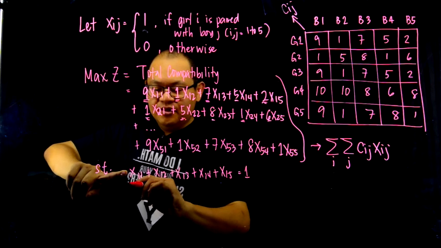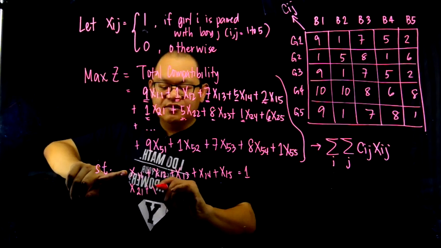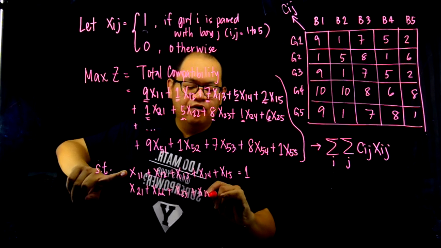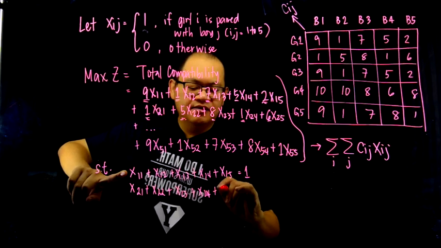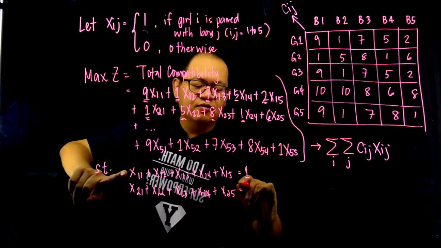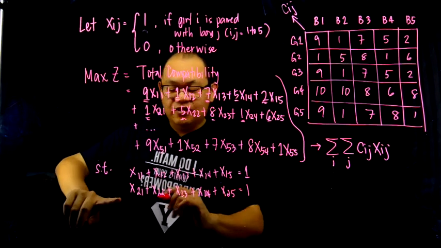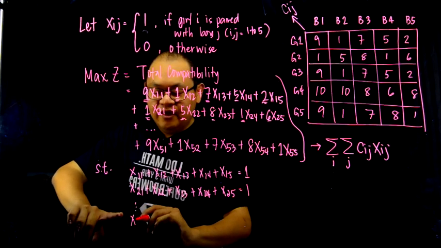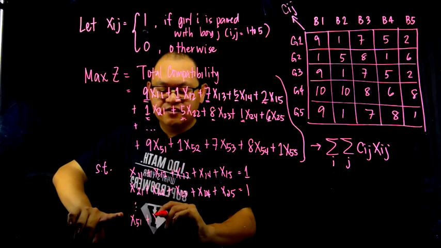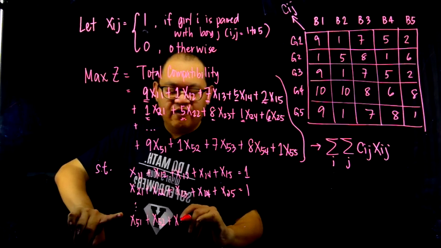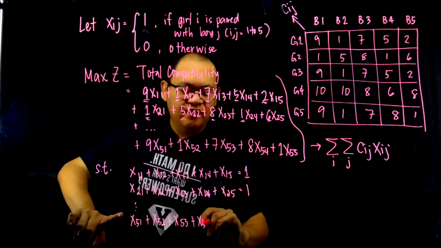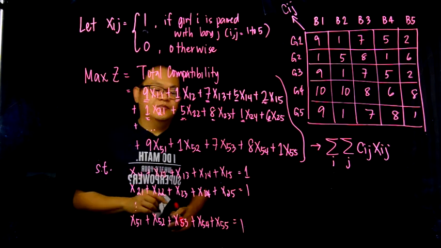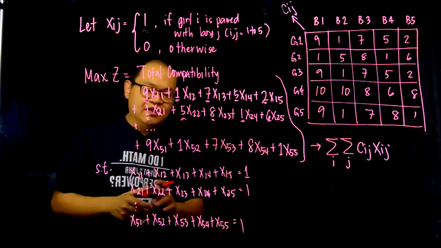For girl 2, it's x21 plus x22 plus x23 plus x24 plus x25 equals 1. And then you can continue on, dot dot dot, until girl 5: x51 plus x52 plus x53 plus x54 plus x55 equals 1.